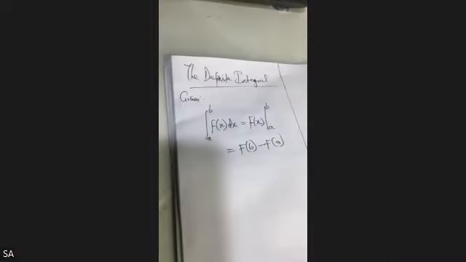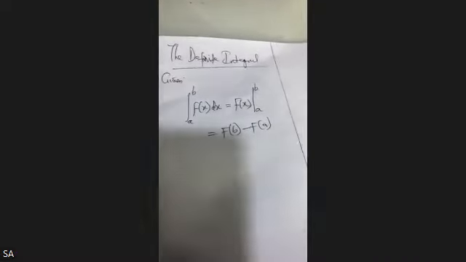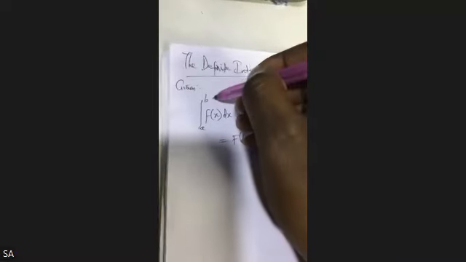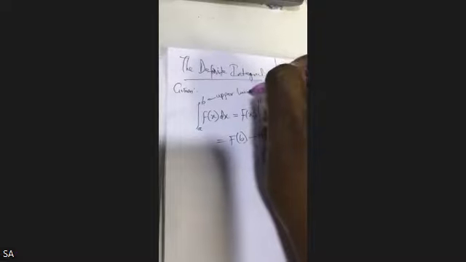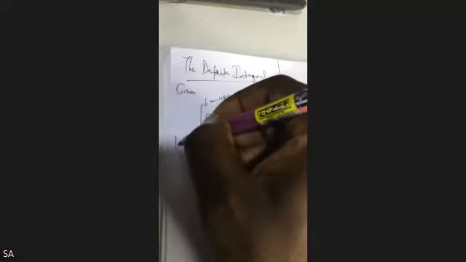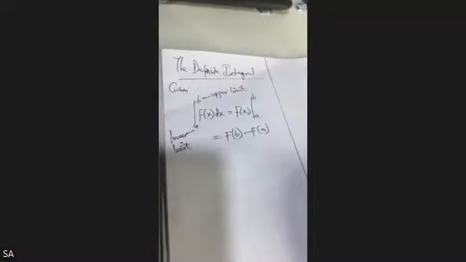Now, what this is telling us is that this is the upper limit, and this is the lower limit. I'm just teaching this for the first time.